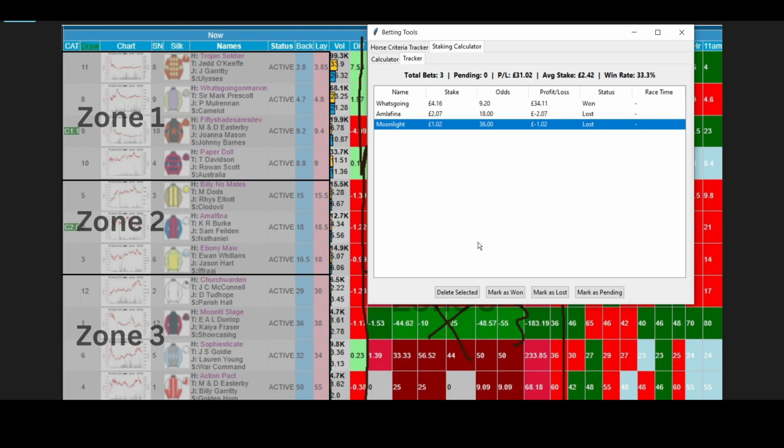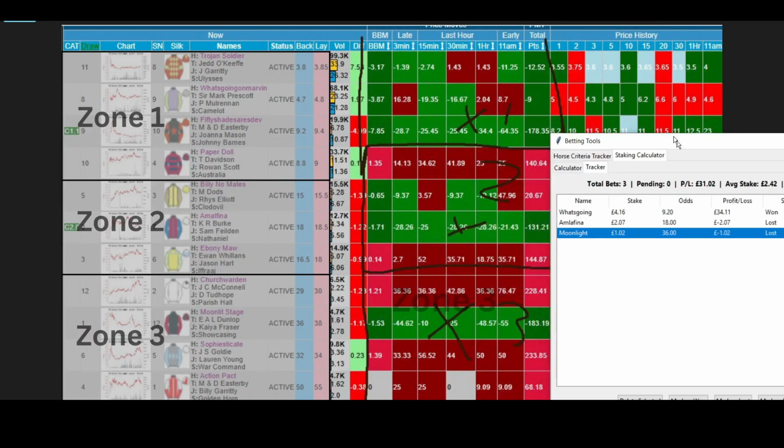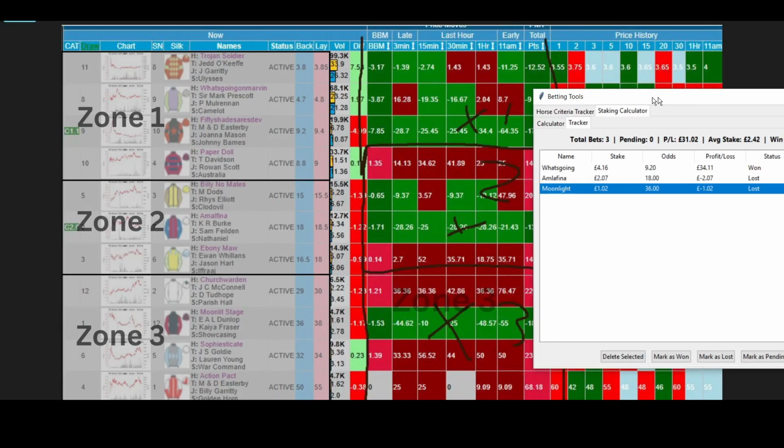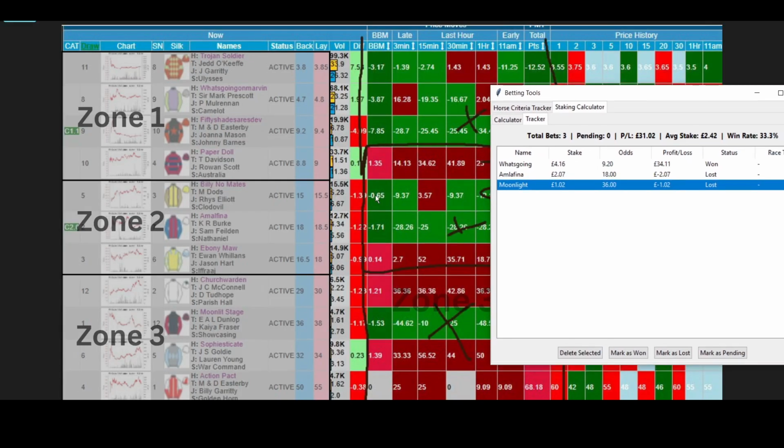Now, this is really important because it's going to control your bankroll. And it's going to mean that you might have 7, 8 losers, 1 or 2 winners, and you're going to finish in profit. And this is probably the most important part of the video. So there's an example of how to bet 3 different horses in 3 different zones when there is only 1 green in all 3 zones.